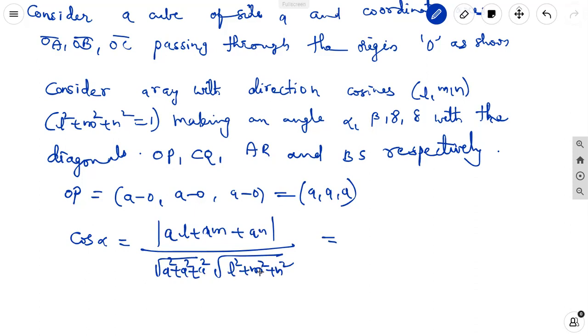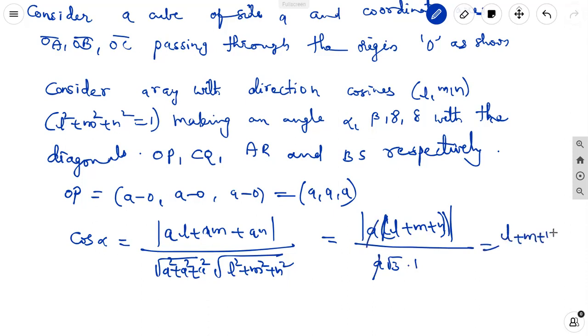Since that is 1, A is taken common: modulus A into L plus M plus N by A root 3 into 1. A gets cancelled, so it is L plus M plus N by root 3. It is the cos alpha.